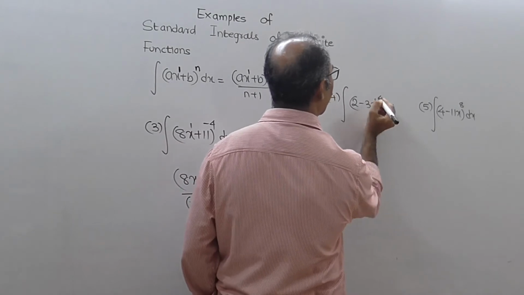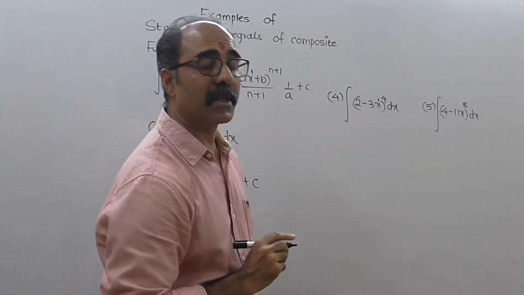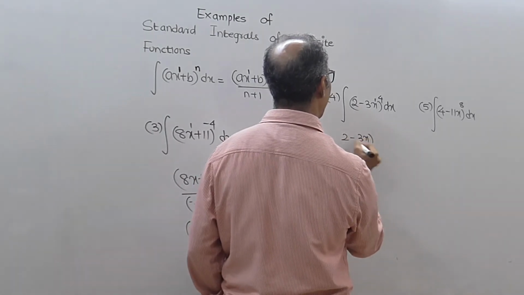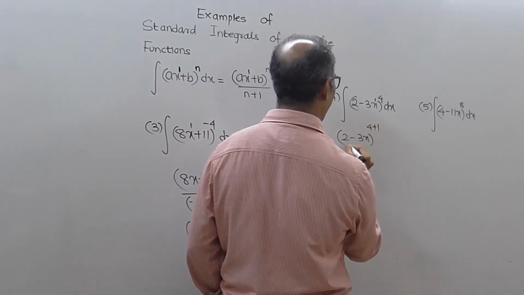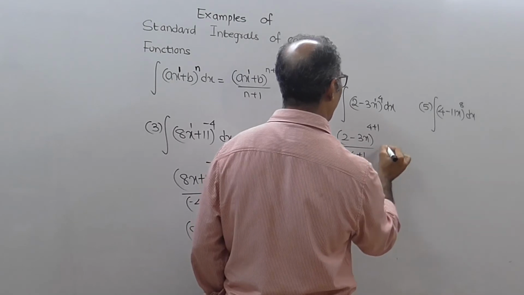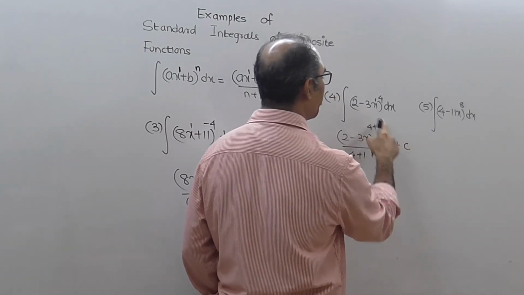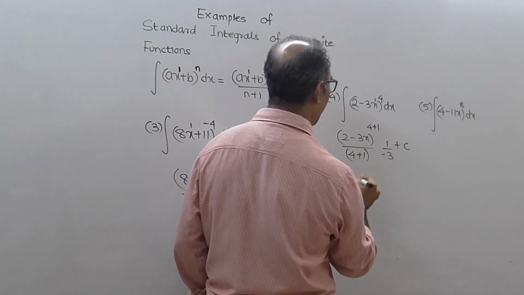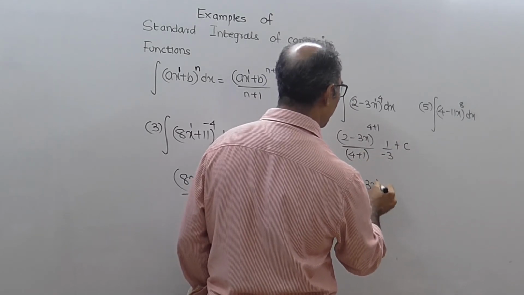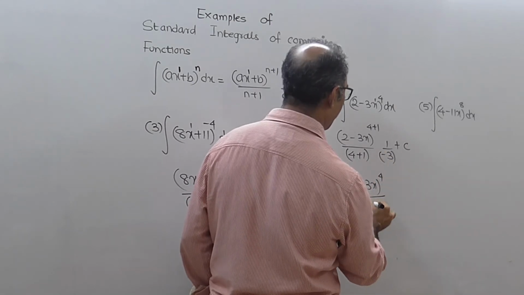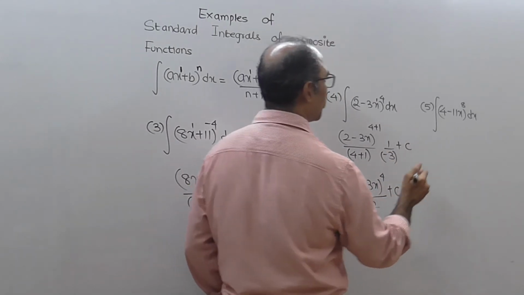This is a linear function because the power of x is 1. So this will be 2 minus 3x to the power 4 plus 1 upon 4 plus 1 multiplied by 1 upon coefficient of x. The coefficient of x is minus 3. Be very careful about it. This is 2 minus 3x raised to 5, and this is 5 and this is minus 3. So you get minus 15 plus c.